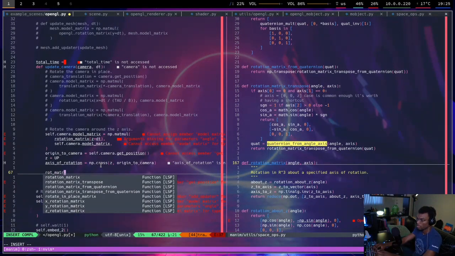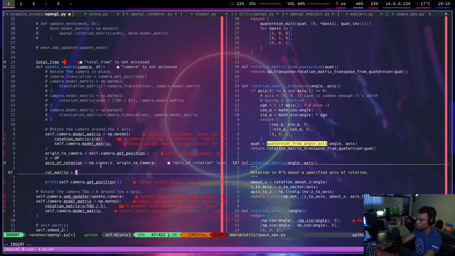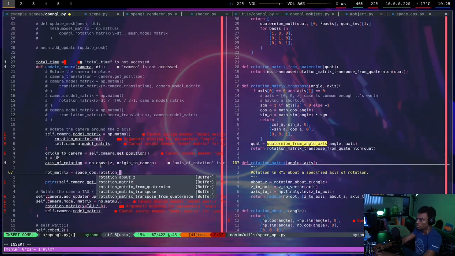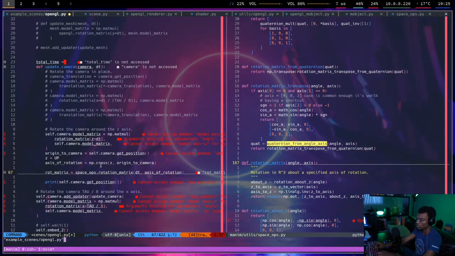So I just call this rotation matrix. And I say space ops. The angle, let's do dt and axis. Axis of rotation.